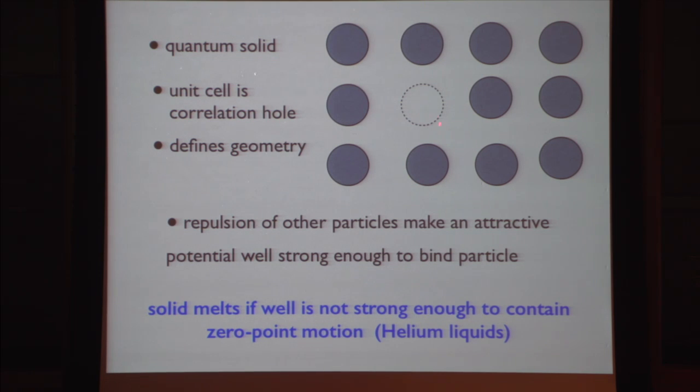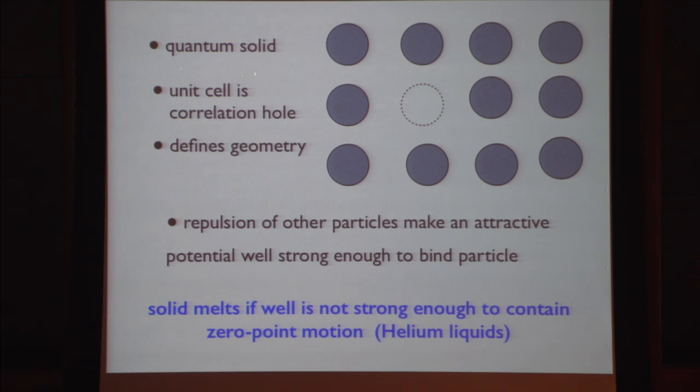If I want to analyze at what pressure helium-3 melts, I would look at the following. I've got a particle; if I pull this particle out, there's a repulsive interaction between the particles, so there'll be an attractive potential pulling me to the center of the vacancy. So the question is whether the potential due to the vacancy is strong enough to bind the particle itself, to form a solid in some sense as a condensation of a particle in a vacancy.